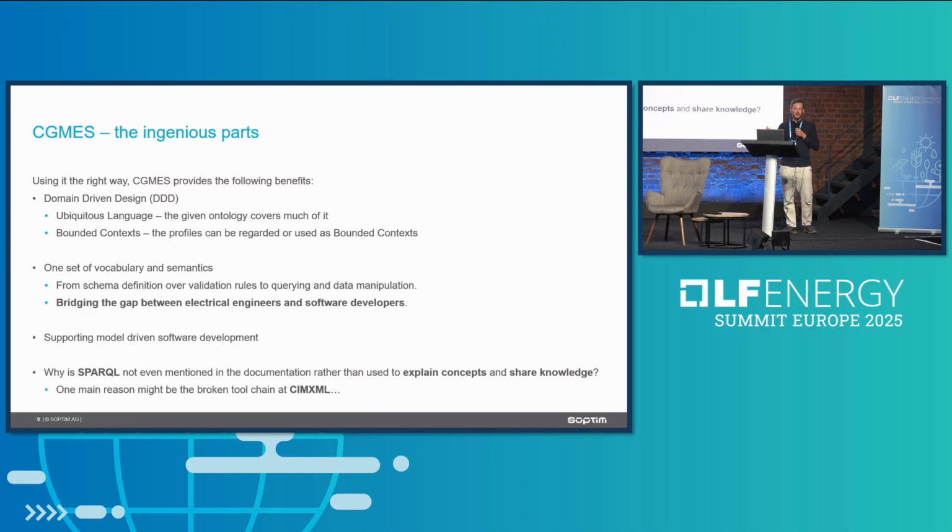They already designed some profiles, and the concept of these profiles can be regarded or used as bounded contexts. And you have one set of vocabulary and semantics, from schema definition over validation rules to querying and data manipulation. So this has a potential to bridge the gap between electrical engineers and developers.